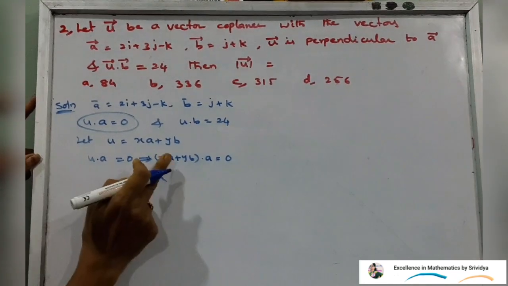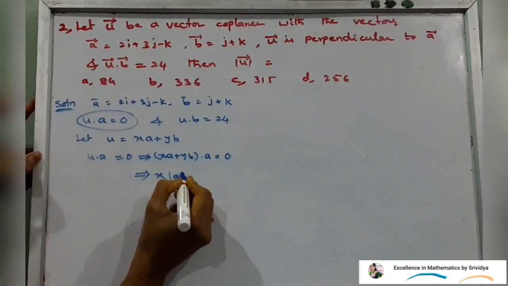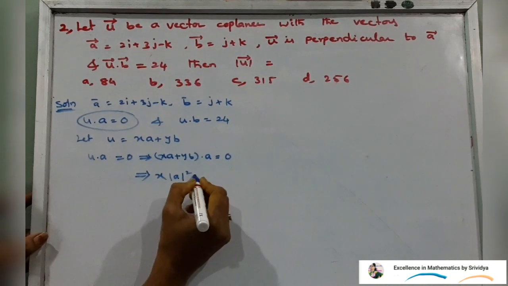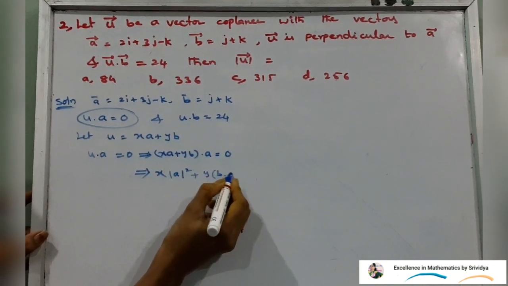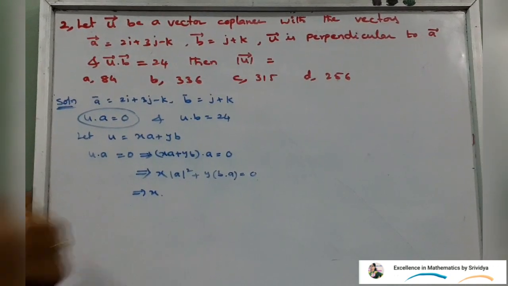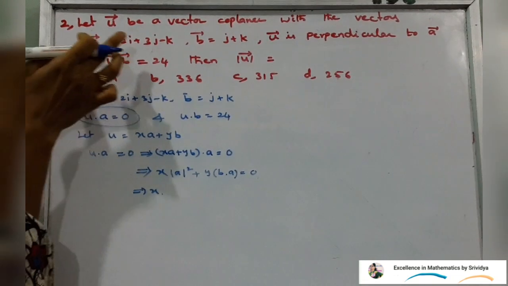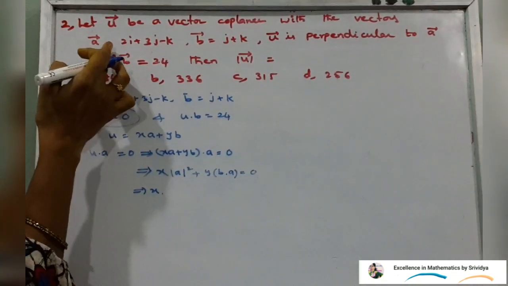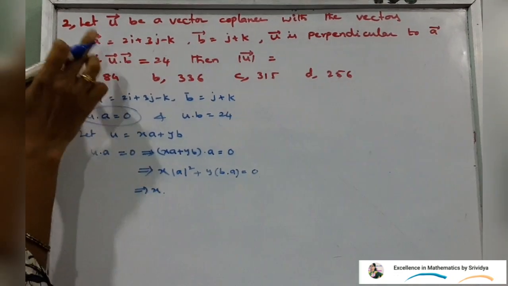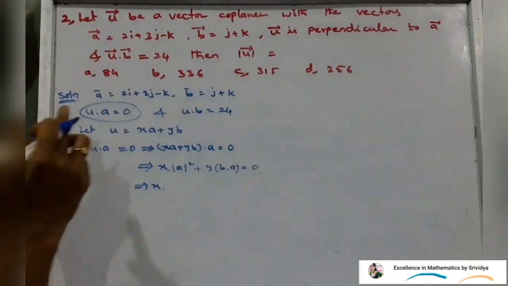This implies x into a dot a, and a dot a is nothing but mod a square, plus y into b dot a is equal to 0. Here a is 2i plus 3j minus k, so mod a is the magnitude, under root 2 square 4, 4 plus 9 is 13, 13 plus 1 is 14.